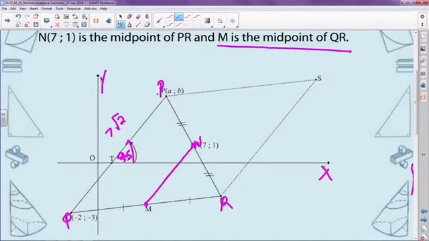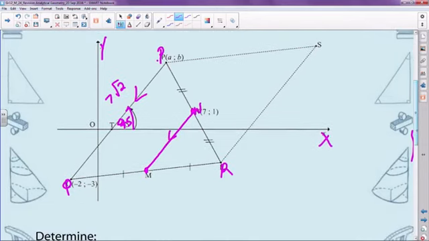So we have a theorem from grade 10 that says the line going from the midpoint of one side of a triangle to the midpoint of another side is parallel to the third side of the triangle and half the length of the third side. What is that called? That's called the midpoint theorem.